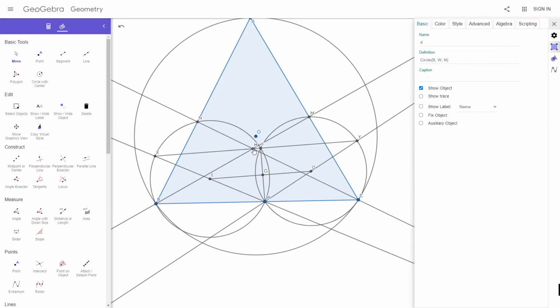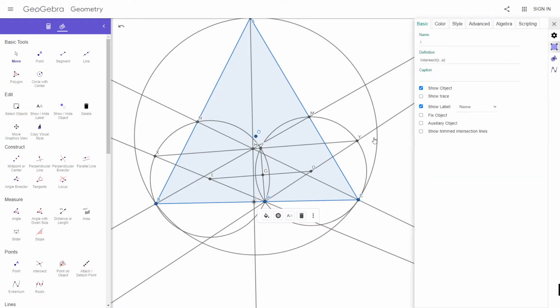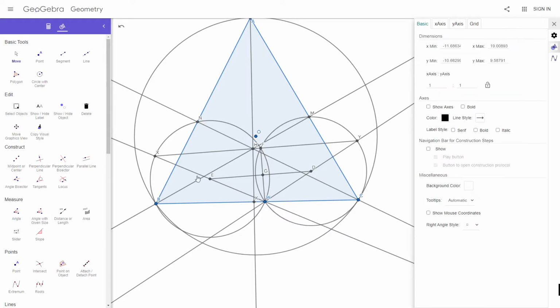Well, we know that H is the orthocenter, which means that if we drop a perpendicular line from H to the base BC, it's going to go through A, and we know it's 90 degrees over there. So let's call this point, not I, because I is a terrible name for a foot, so let's call it K. And so the idea would be to show that HFWK is a cyclic quad.